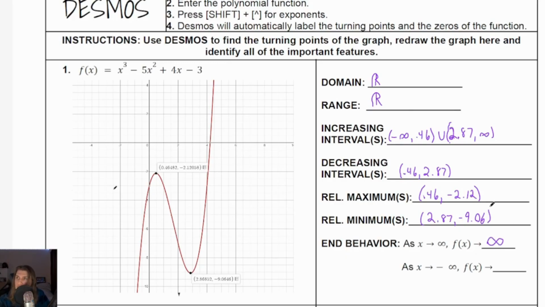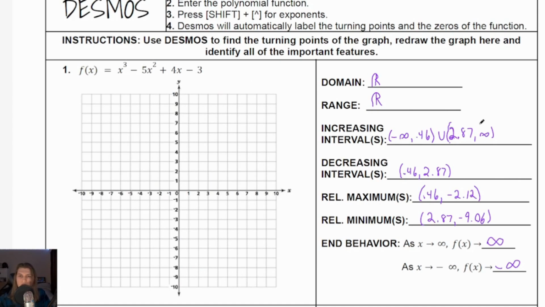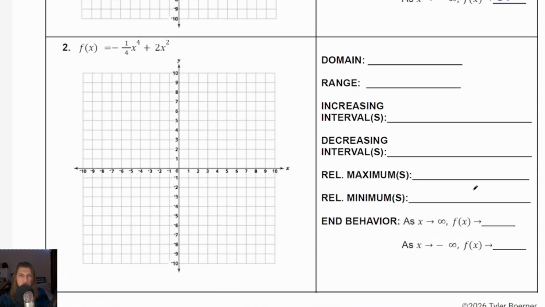But as x moves to the left of that graph, we can see that it's heading down forever. So as x approaches negative infinity, y, or f of x, also approaches negative infinity. So that's this graph. And then I'm going to quickly take that off, and we're going to scroll down.